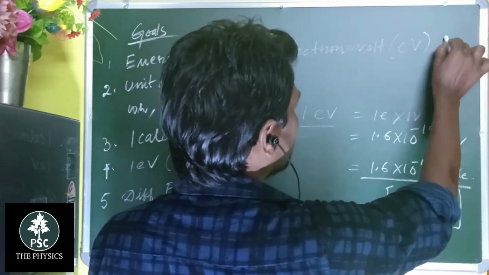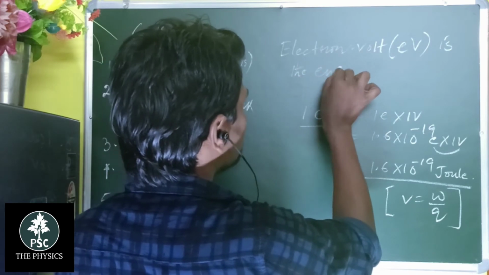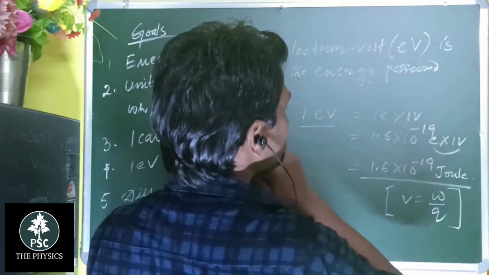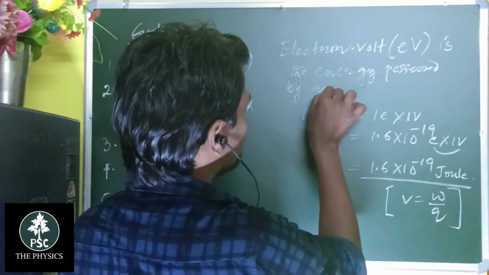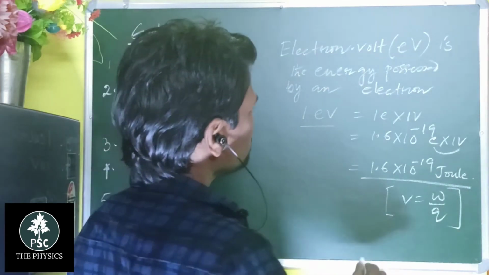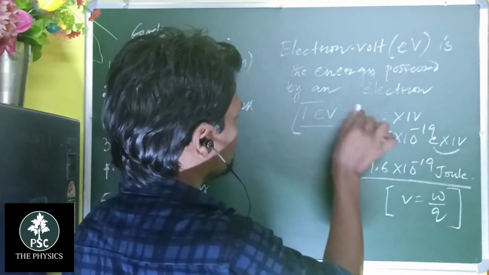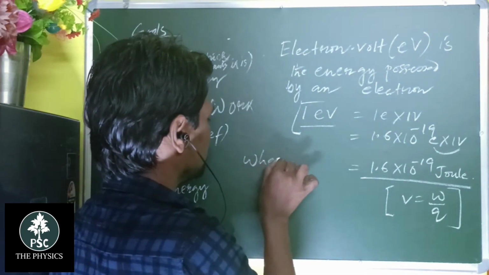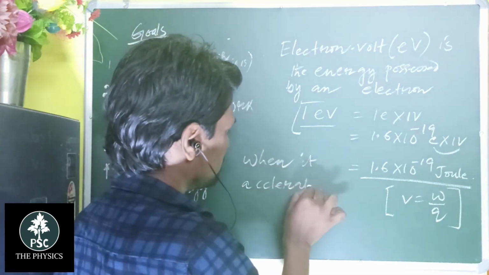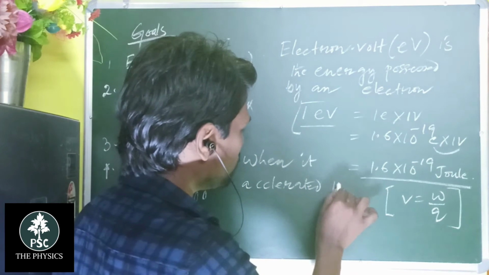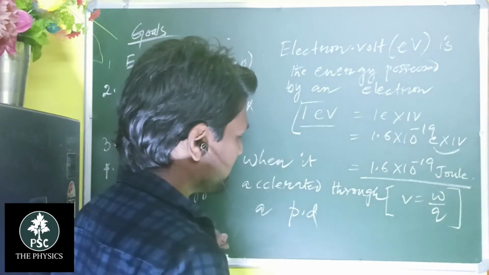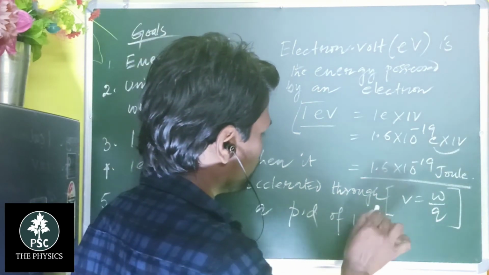Electron volt is the energy possessed by an electron when it is accelerated through a potential difference, and you can simply write as PD, potential difference of 1 volt.